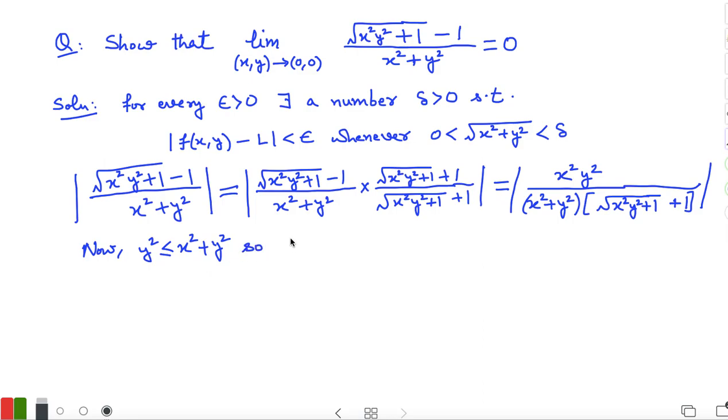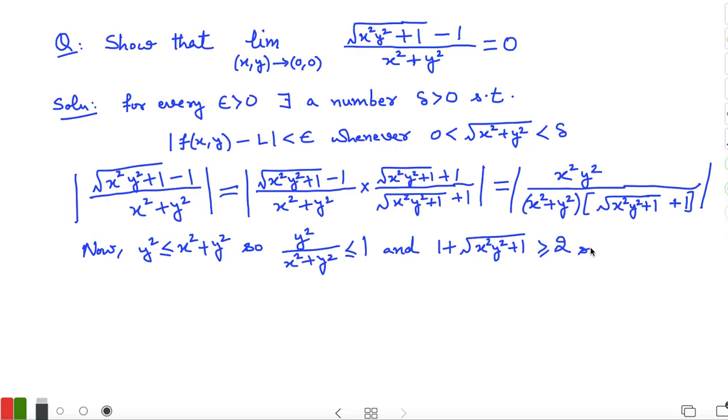So immediately we can see that y squared divided by x squared plus y squared is less than or equal to 1, and also that 1 plus square root of x squared y squared plus 1 is always greater than or equal to 2 for any (x, y) in the neighborhood of the origin.